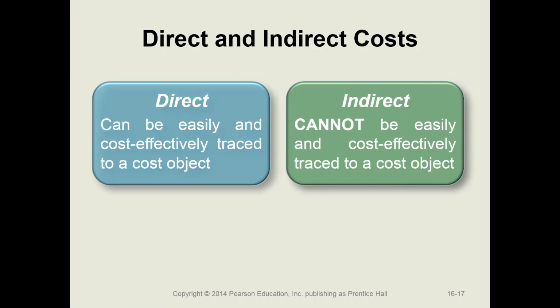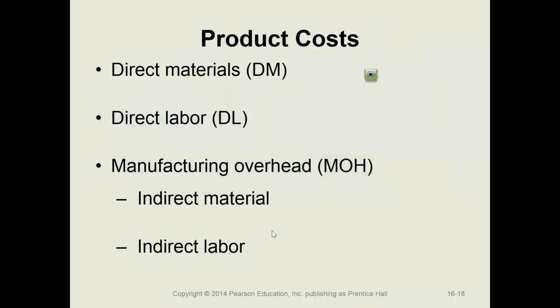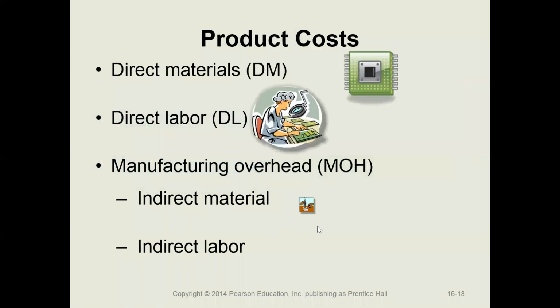It's not easy. We can't directly say, oh, this spam musubi used 10 cents worth of electricity, for example. That's an indirect cost because that cost cannot be effectively traced to the product. Okay, and well, we'll see later how we handle those.